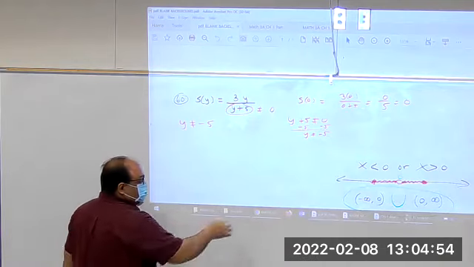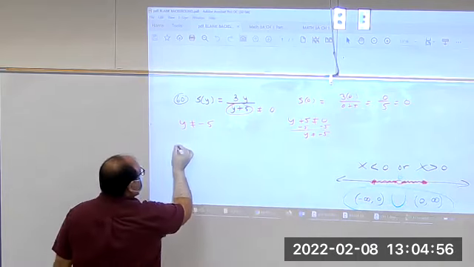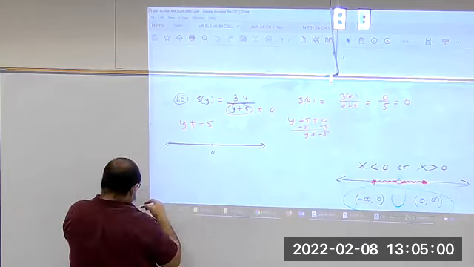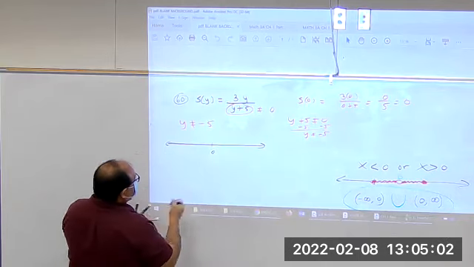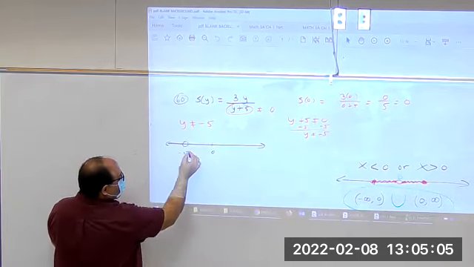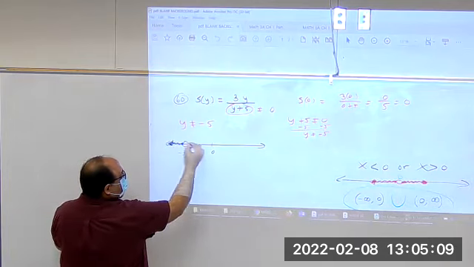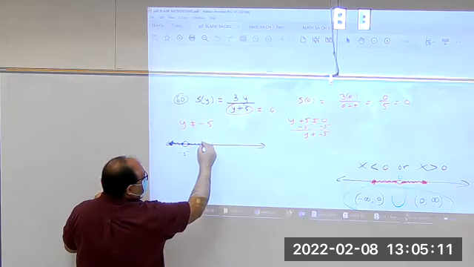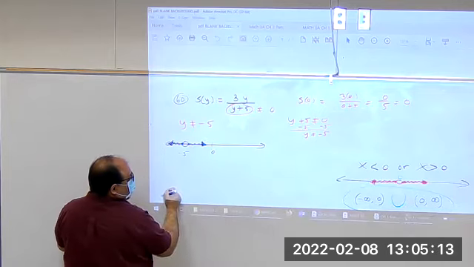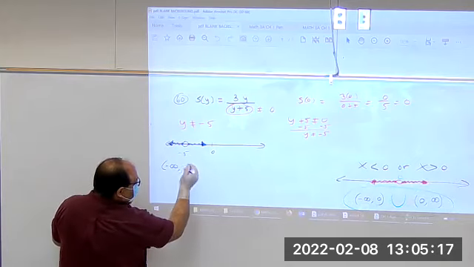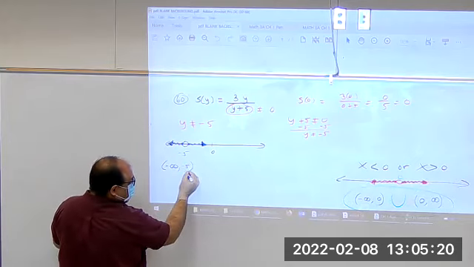So the last time the picture looked like that. This time you would have an open circle over here on the -5. You can use everything to the left of the -5 and everything to the right of the -5. So from -infinity, and it stops at -5.